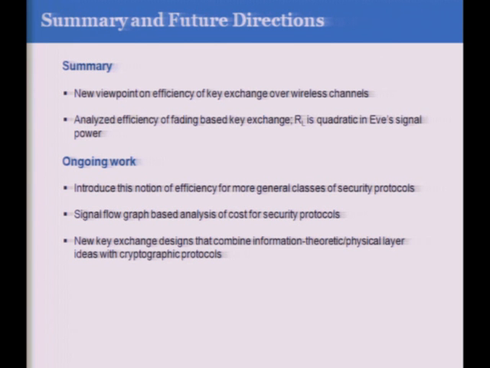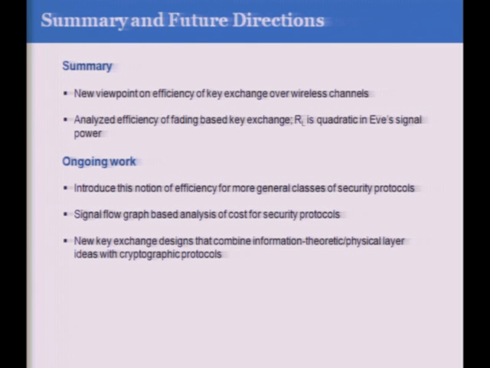Some of the work that we're doing right now is to use signal flow graphs, where you again go back to the flow chart, you jump from one step to the next step, but these jumps are probabilistic. You may go to the step or you may not, and once you go to the step, there's a cost associated with it, depending upon how much power you put. Again, the cost I'm talking about here is the communication cost. So those are the sorts of analysis you can do.